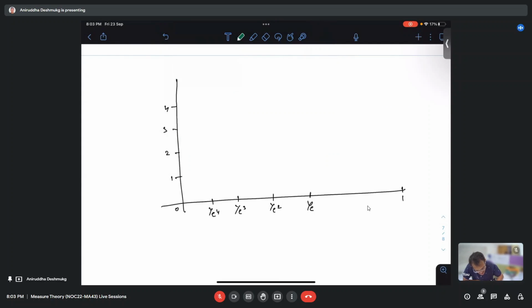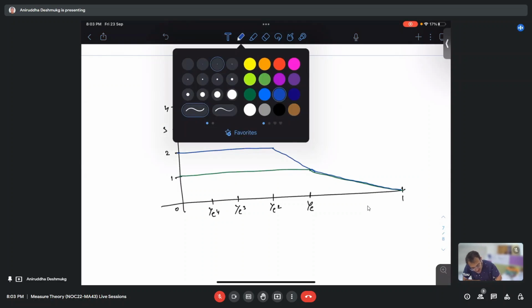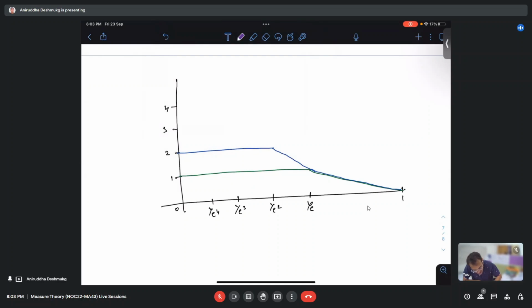So the first function is 1 from 0 to 1 by e, and then it just comes down to 0. The second function is 2 from 0 to 1 by e square, and then it comes down to 0. Notice that it matches the first function here. The third function is 3 from 0 to 1 by e cube, and then it comes down using minus log x, and then it matches the previous functions.